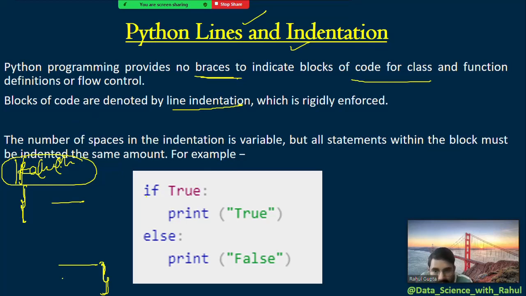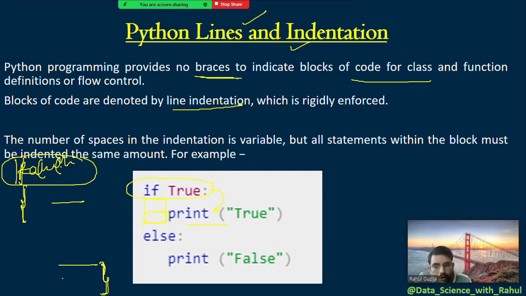Here, after the if, I have given a certain number of spaces. This is called indentation. After a piece of code, writing this means that what is inside has to work under it.